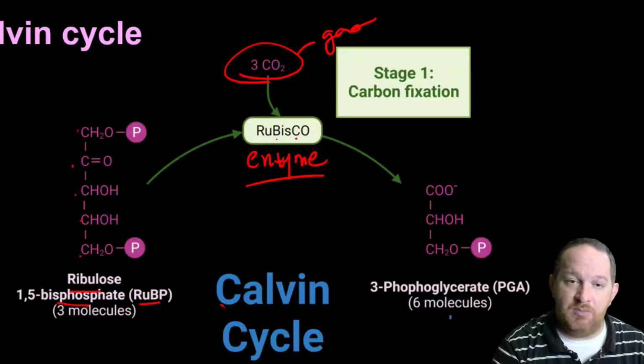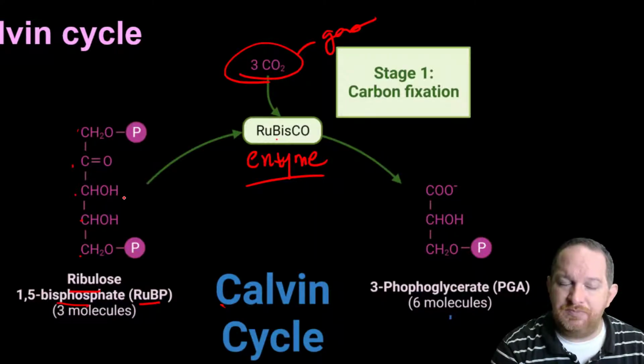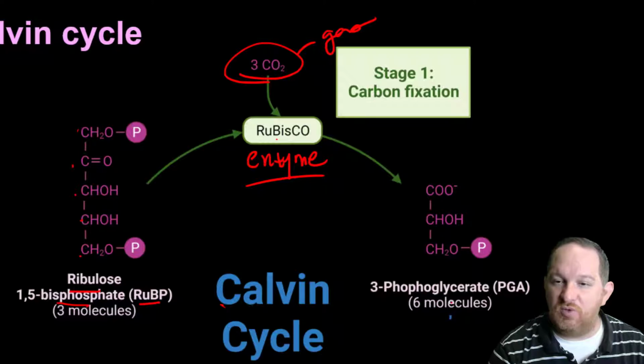I'm going to go over that in a moment, give you all the details of that. But this enzyme here, perhaps the most important enzyme in the world, takes pure air, carbon dioxide, adds it to a sugar, rearranges that into these smaller 3-phosphoglycerate molecules, PGA.